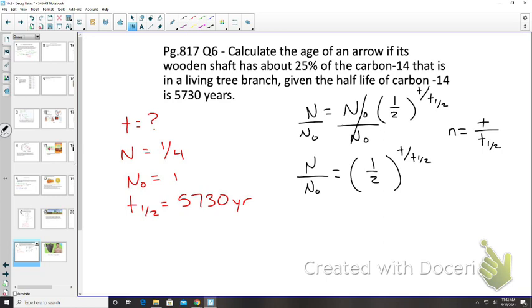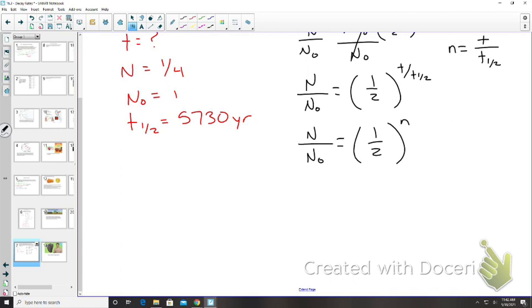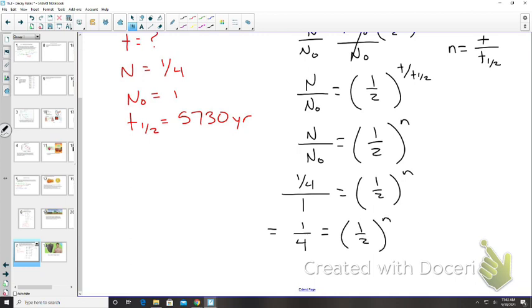So N over N naught is equal to 1/2 to the N. My N is 1/4, divided by 1 is still 1/4, so 1/4 is equal to 1/2 to the N. Now what value of N will give me an identical base to 1/4?